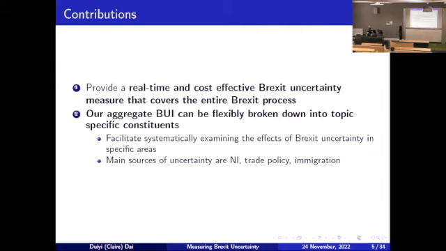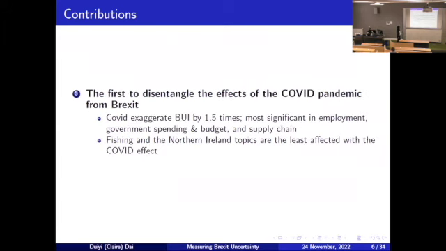We also find that the main sources of uncertainty are Northern Ireland, trade policy, and immigration. And third, our paper is the first to disentangle the effects of the COVID pandemic from Brexit. We find that COVID exaggerates BUI by 1.5 times, with the most significant effect in employment, government spending, and supply chain.